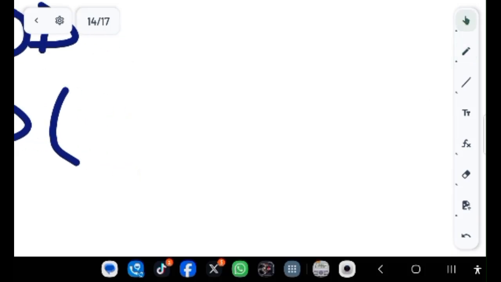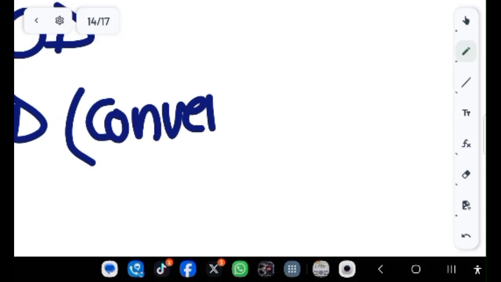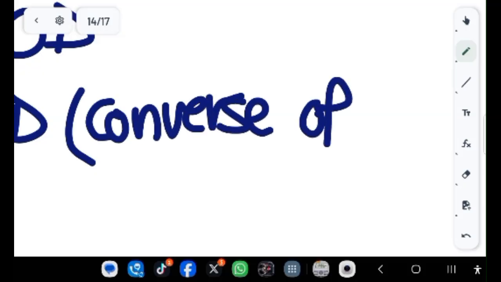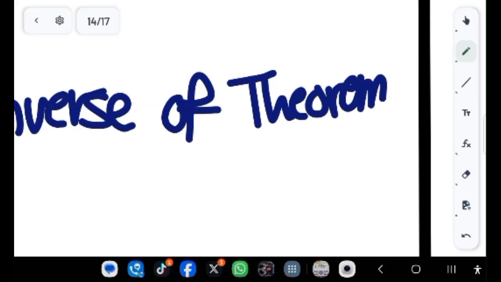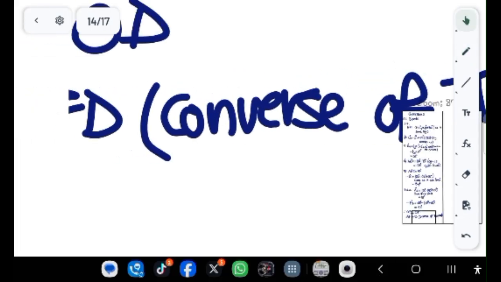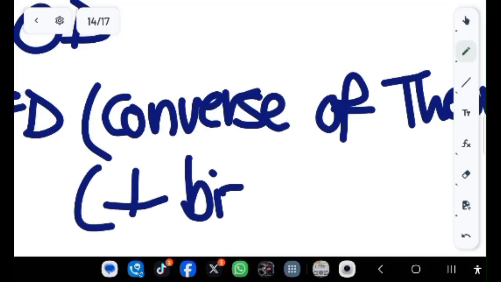That is the converse of theorem 1. Perpendicular bisector. You can say perpendicular bisector.